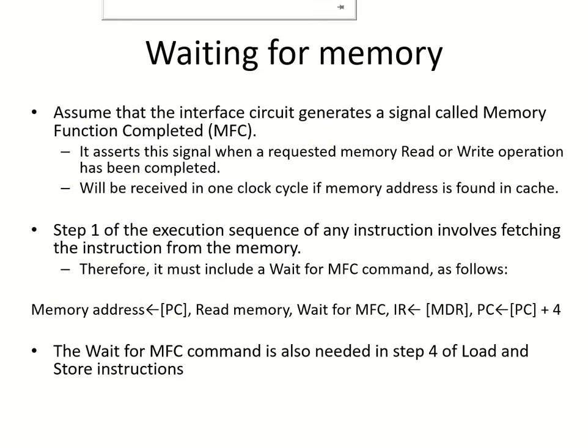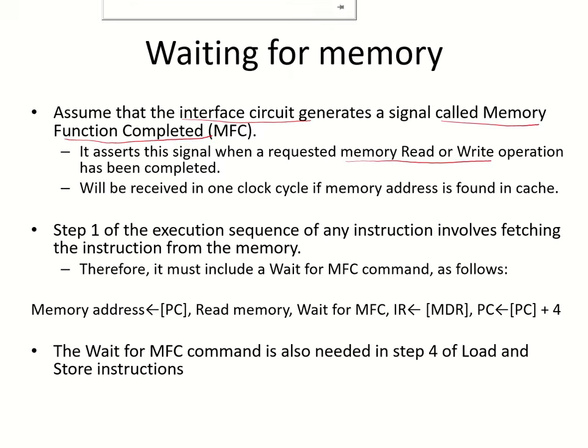So how can this be taken care of? This is taken care of by a signal which is called the memory function completed signal, and this is generated by the processor memory interface circuit once the requested memory read write operation is complete.